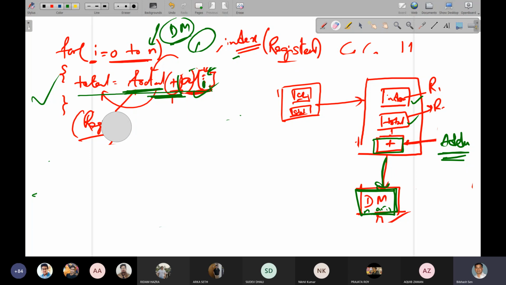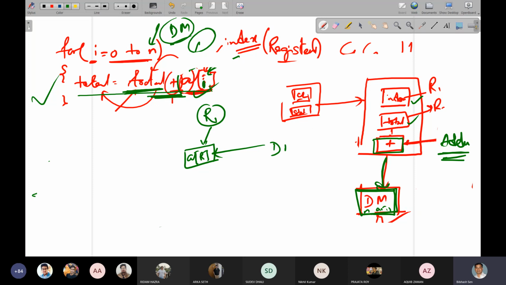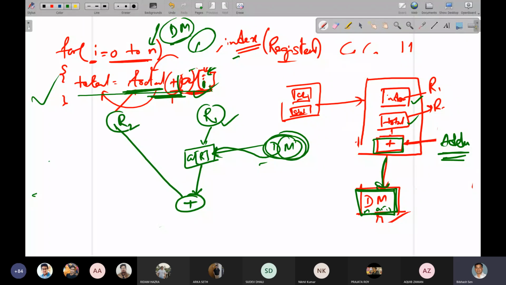That is my target. My control logic should be such that, during the computation, initially I have to take, with the help of R1, the value of the array, because from the DM I will access the value at the index, I will get the location and it will be stored here. That is my memory, and finally I will perform the addition with R2.